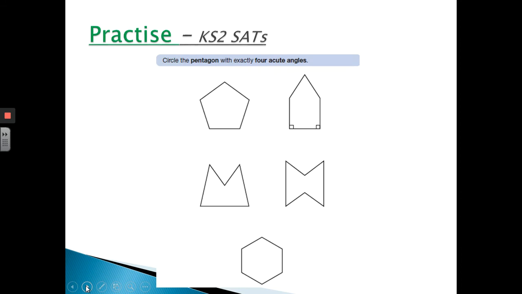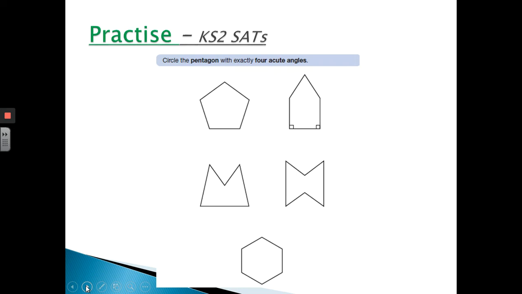Okay, have you spotted it? Okay, so it's the shape second down on the left hand side. Looks like a sort of an M shape, the one that has those 4 acute angles. Really nice question there. So the challenges are understanding of a pentagon, what's the same, what's different.